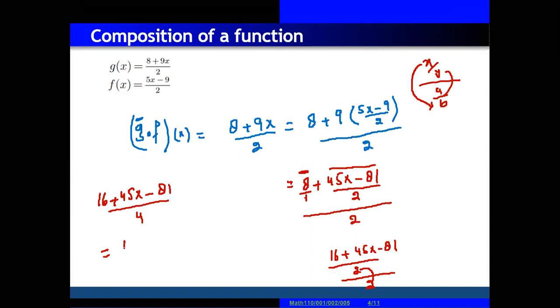Now simplify this one. 45x plus 16 minus 81 is minus 68. So 45x minus 68 divided by 4 is the composition of g with f.